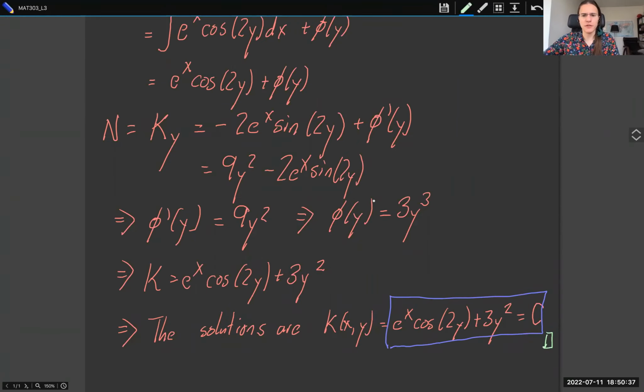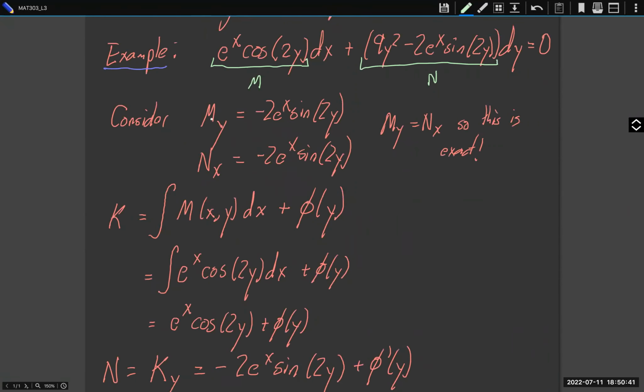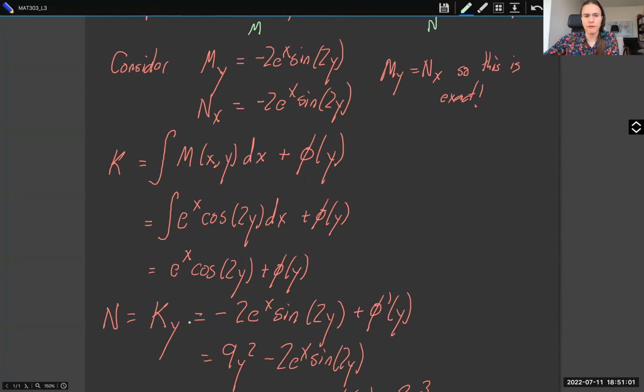So the process to review, and we're going to do it a few more times today, is that we know from the previous exposition that K can be given as the integral of M with respect to x plus some unknown function of y. So we treat y as a constant, we do this integral, and then we get that K is this plus this. Well, we know something about the partial derivative of K with respect to y.